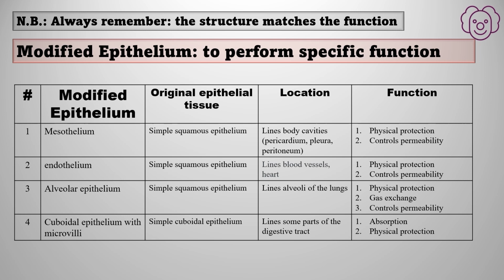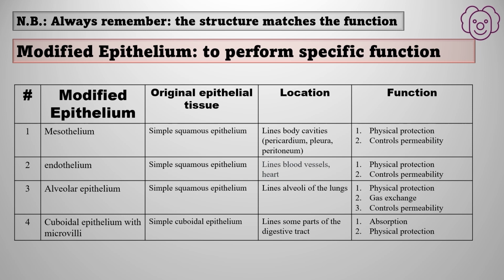Because there is a little modification in this epithelium to perform a specific function. And this is why it may have a different name, and it is specifically found in some places. Here we are going to talk about it one by one.